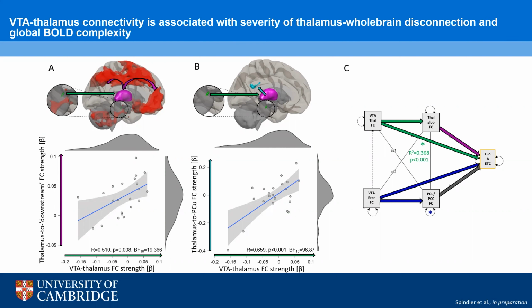And we actually found that by far the strongest predictor, an extremely significant predictor with a direct effect, was the level of VTA-thalamus connectivity. Nothing else, everything else was indirect. And this suggests that there might be a real rate limiting function for how connected the VTA remains to the thalamus, and as a result, how dopaminergically modulated the thalamus can remain.